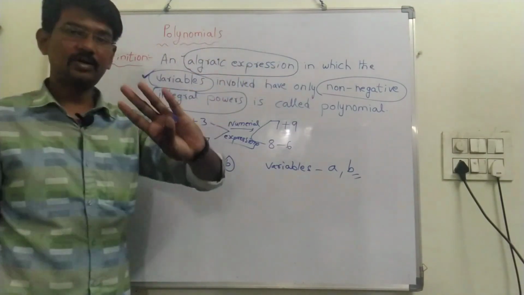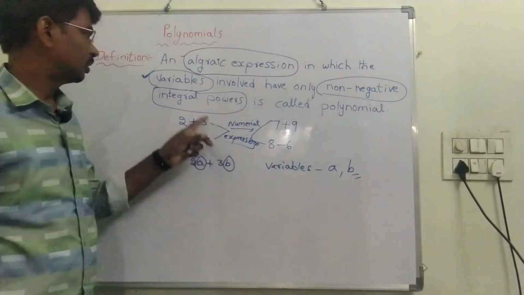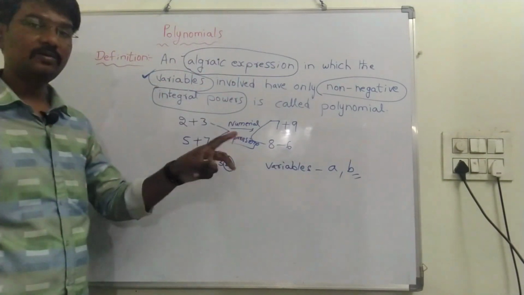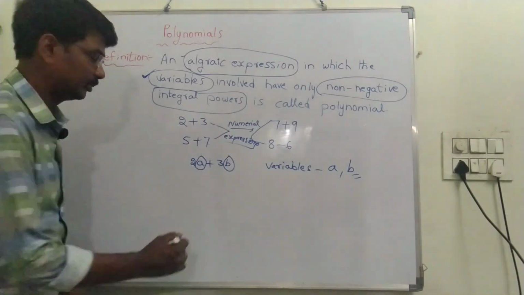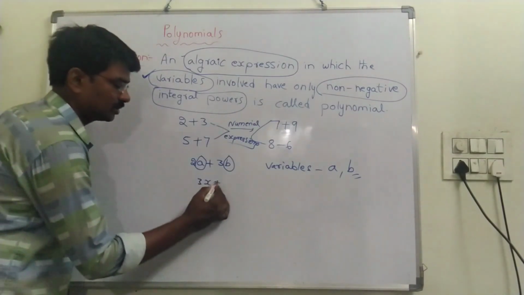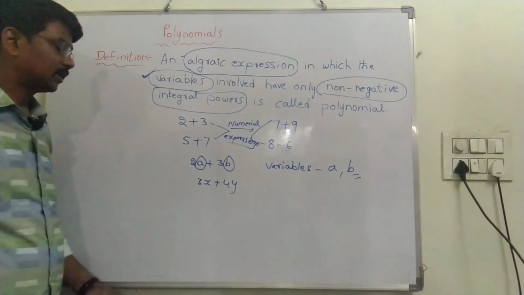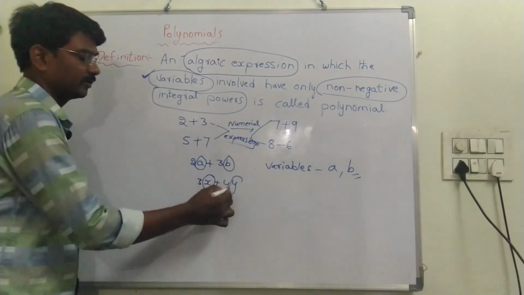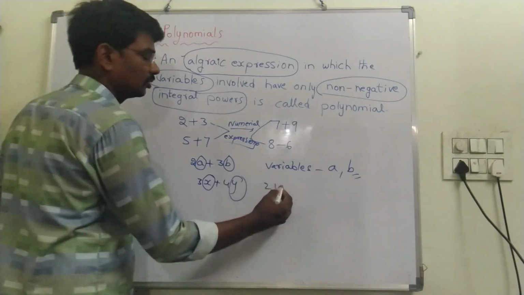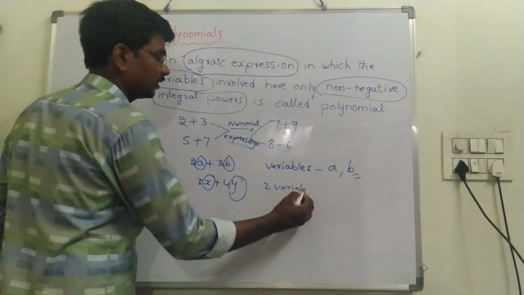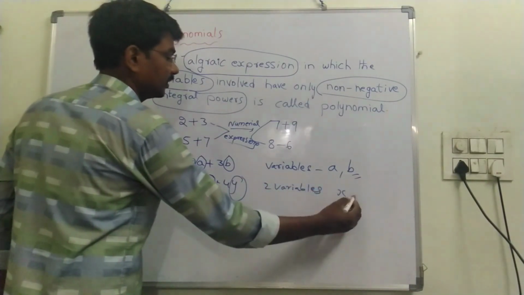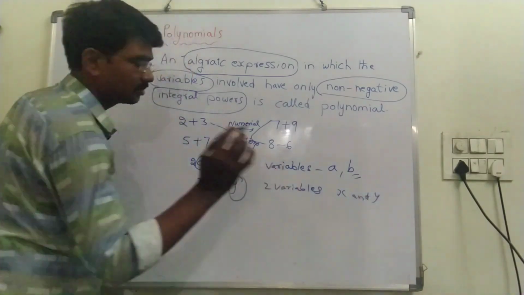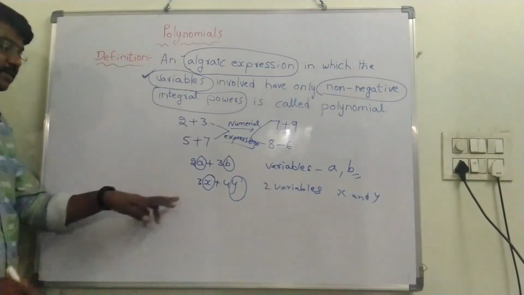Algebraic expression word learning over. The meaning of variables learning over. What are variables here? a and b. 3x plus 4y. What are variables here? x and y. 2 variables. These are called variables in this expression.